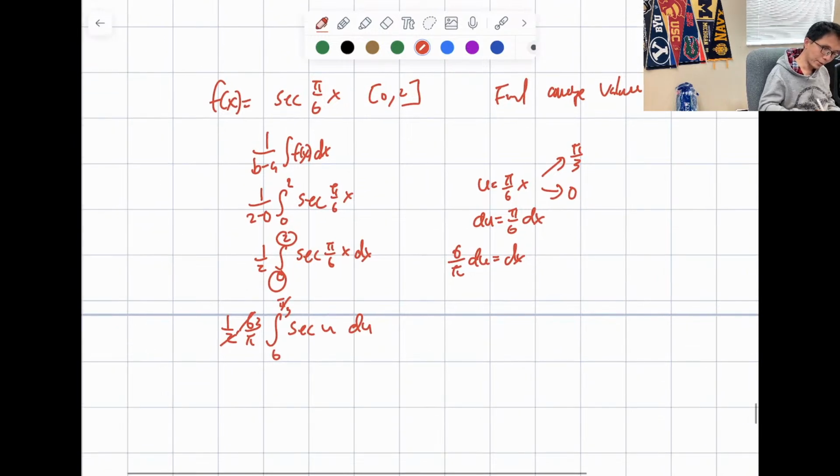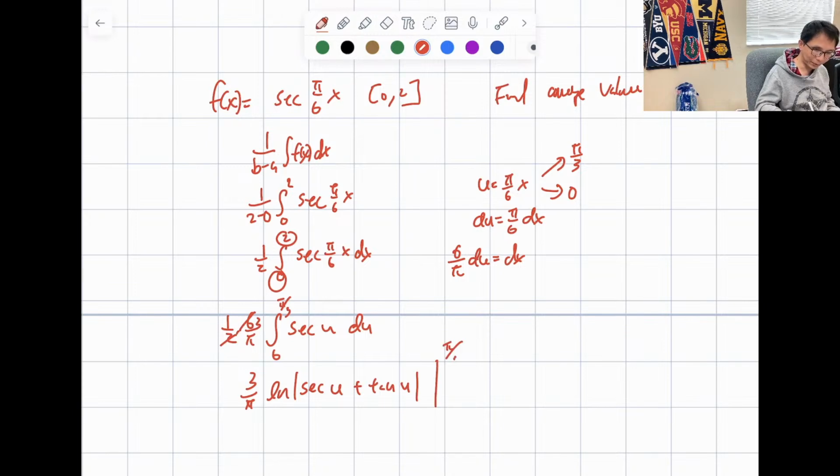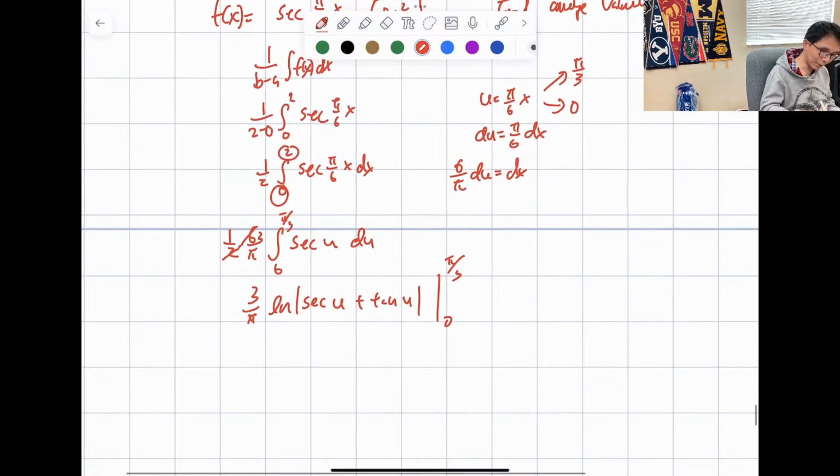So that's going to be 3 over pi, integration of secant of u plus tan of u. Draw a line between pi over 3 and 0. Those are the values I'm going to plug in. 3 over pi equals ln of secant of pi over 3 plus tangent of pi over 3. Do you guys know what secant of pi over 3 is?